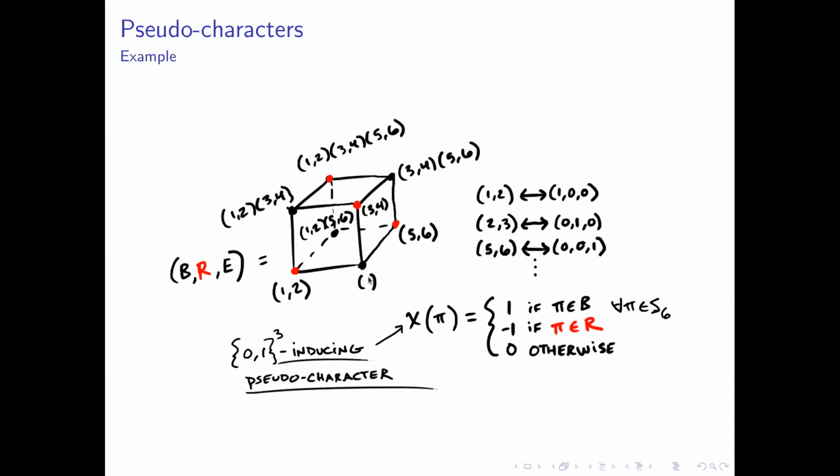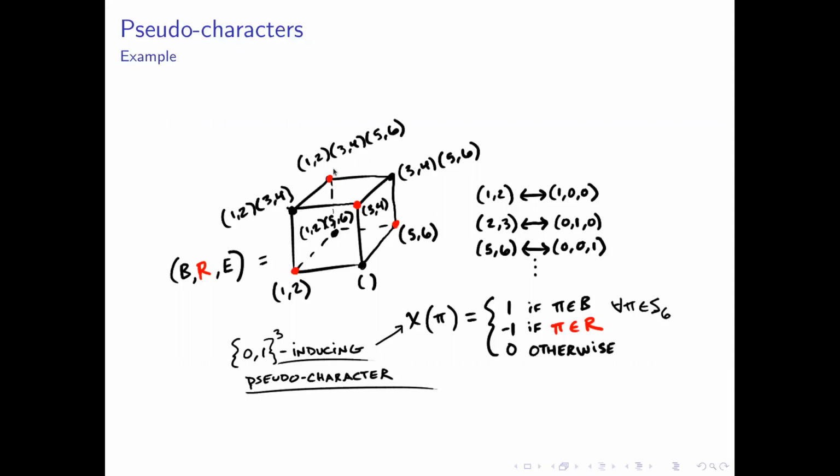If you look at the neighbors here, let's just take 1, 2, 3, 4. If I do a set subtraction here, I'm left with 3, 4.